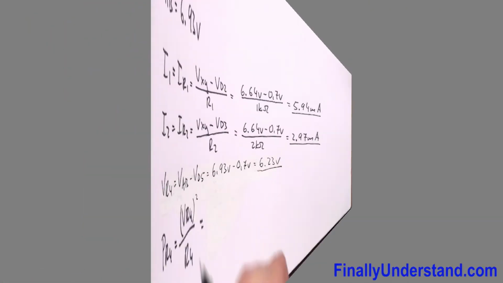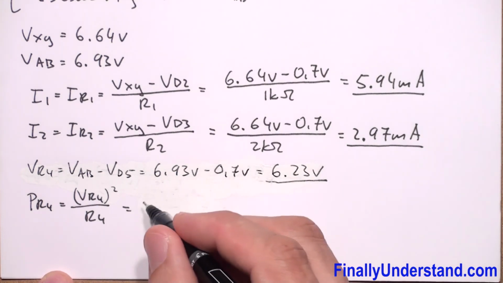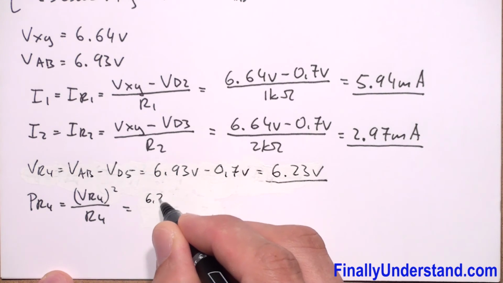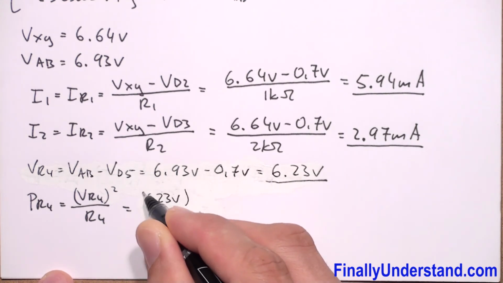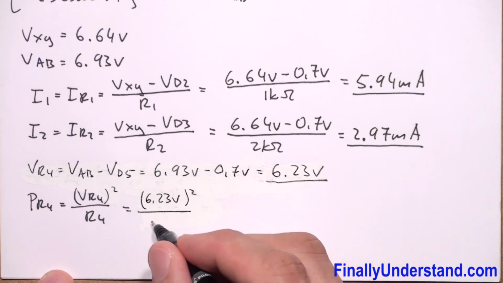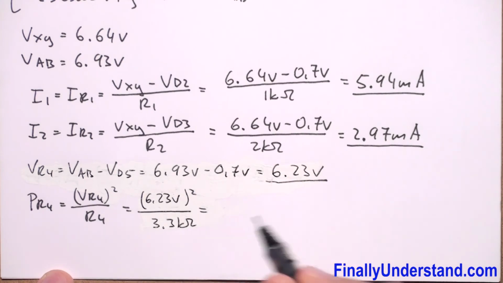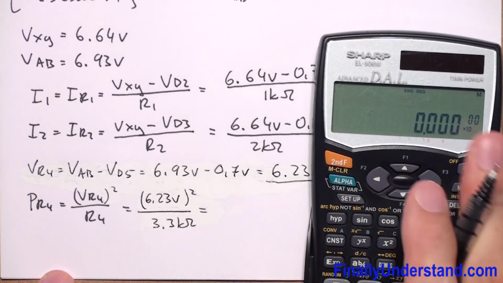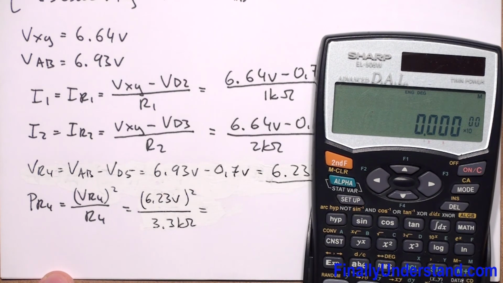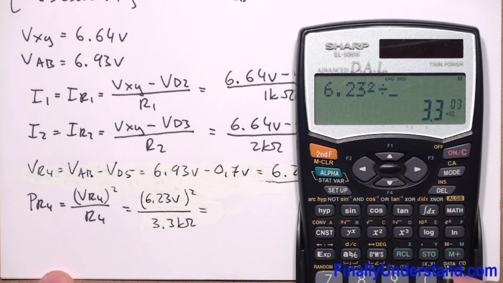This is equal, so VR4 is equal 6.23 volts, I have 6.23 volts, and this has to be raised to the second power, divided by resistor R4, which is equal 3.3 kilo ohms, and this is equal, I'm going to use the calculator, I have 6.23 to the second power divided by 3.3 exponent 3.